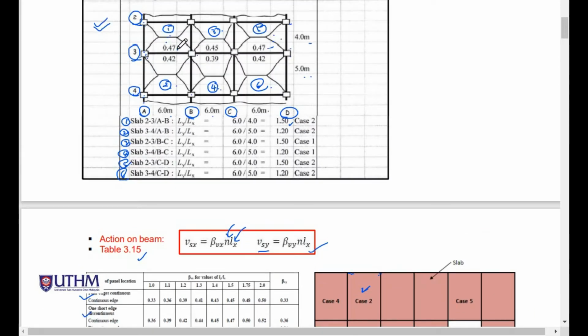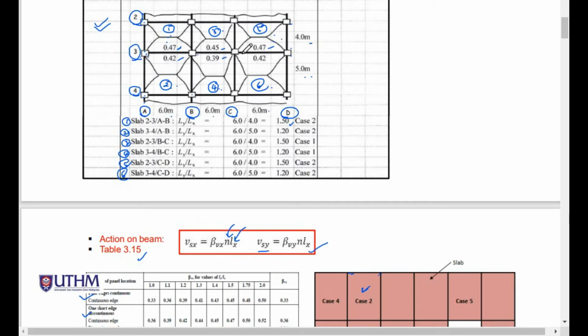Then we determine all these numbers, the beta Vx and also beta Vy. This is the shorter length, so this is in X, and here is in Y. For X here, the ratio is 1.5.